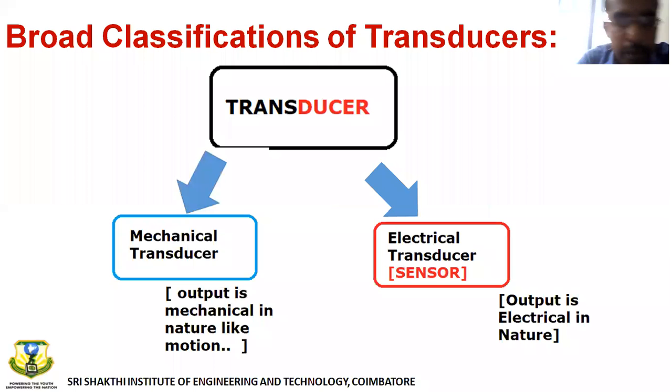That's why broadly it is classified into two categories: one is the mechanical transducer, the other is the electrical transducer. In a mechanical transducer, any physical quantity can be converted into a relative motion or movement. For example, in those days, to measure weight there would be a spring balance.